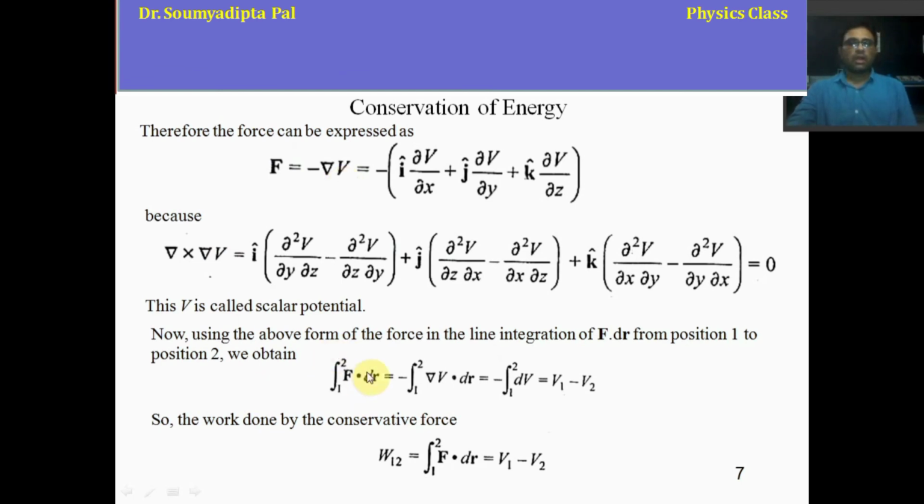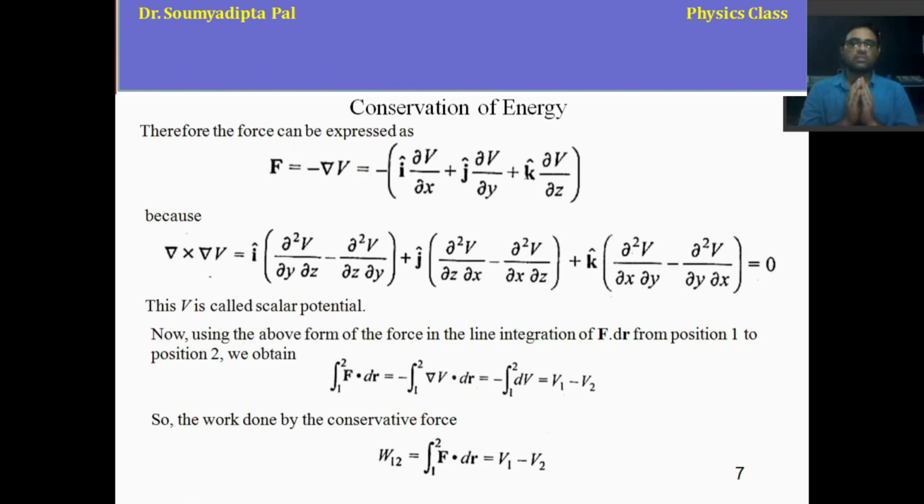Okay. Now again coming back to the work done, we want to write the work done in terms of the change of scalar potential V. So we can write minus del V dot dr, and del V dot dr is basically dV. What is del V? Please listen carefully. Del V is the space rate of change of this scalar potential.